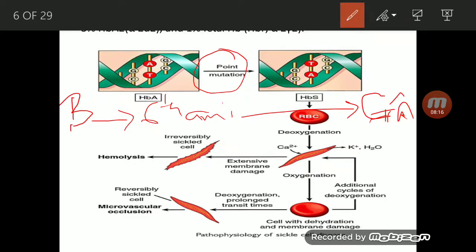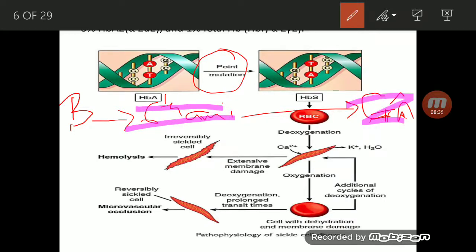The beta globin chain is a polypeptide, so it is made up of numerous amino acids. A normal beta chain, on its 6th amino acid, has glutamic acid.